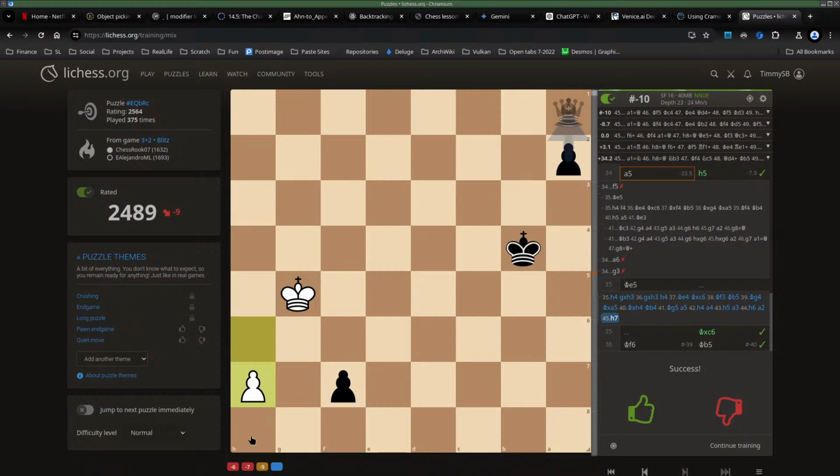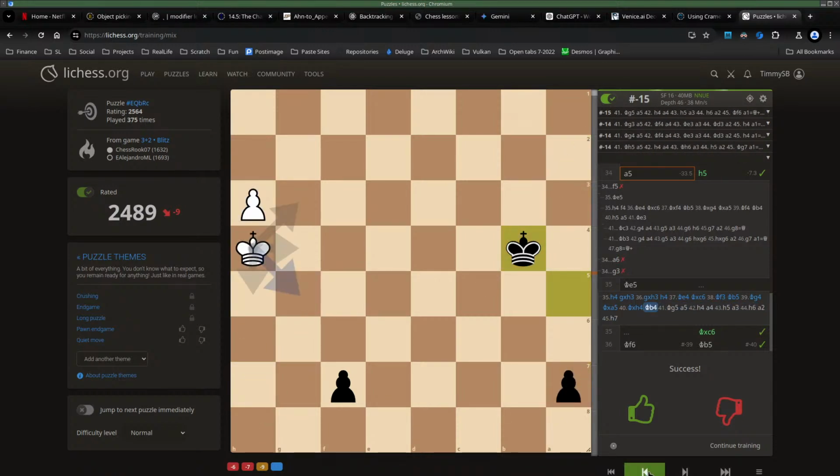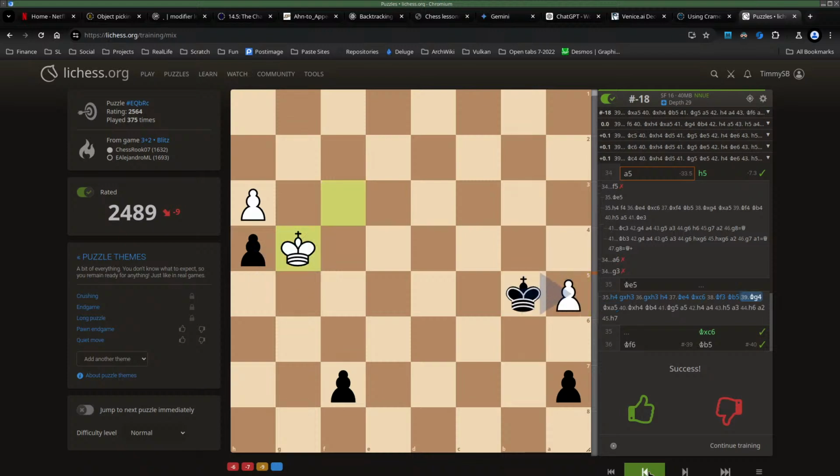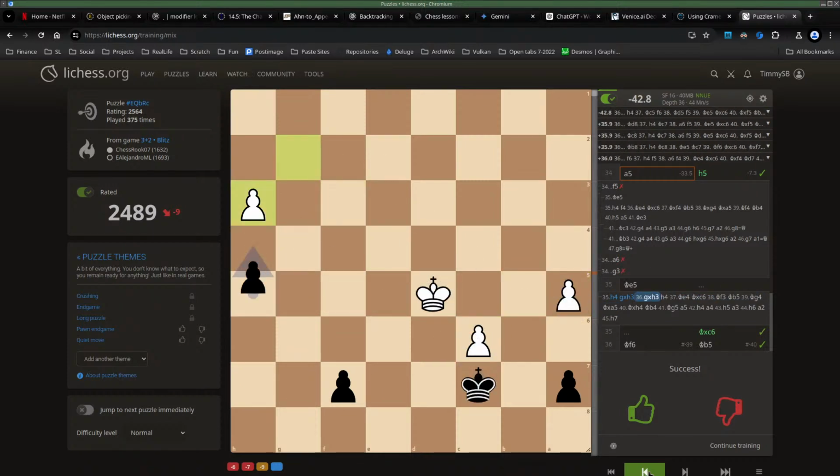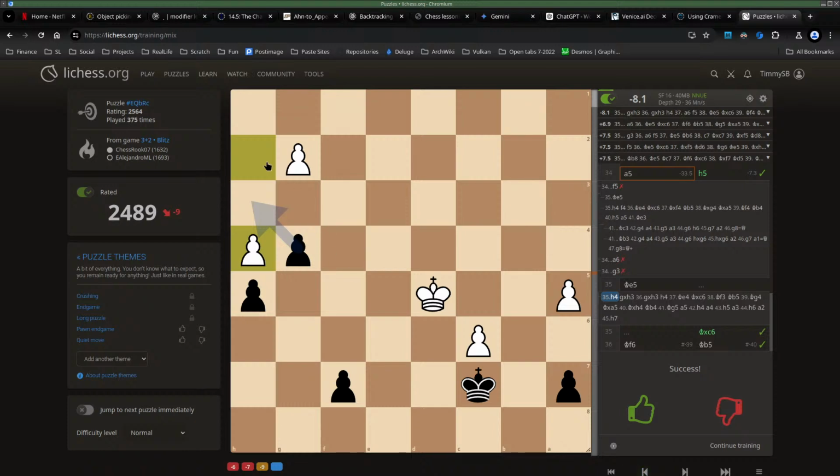And now we are one step too slow because this pawn is coming from there instead of doing 2 steps or something.